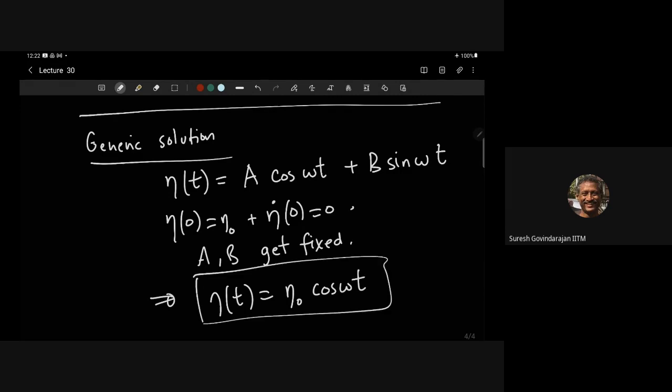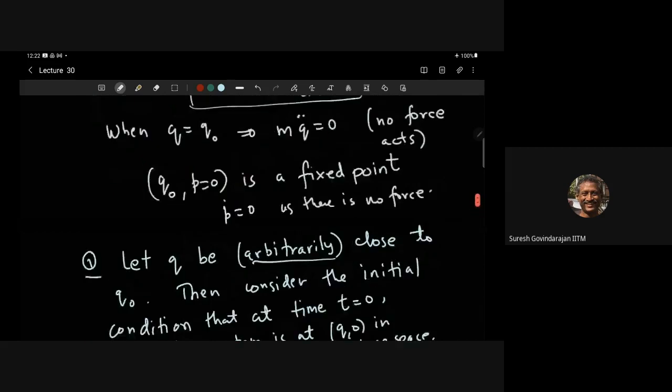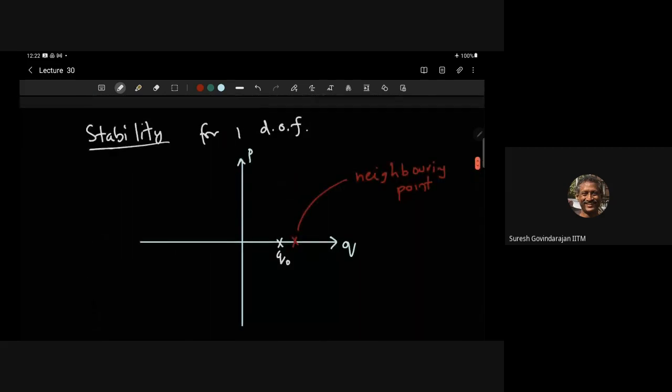So coming back to this picture that we had here. You start out, it's going to go, and there'll be some ellipse kind of thing. It will do this. So it'll remain in that neighborhood. It's not going to go arbitrarily far away. There will be some bounds you could put depending on the value of q minus q naught. Is this clear? So this is stable.